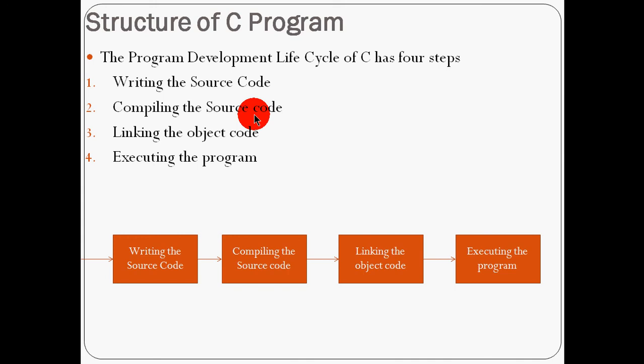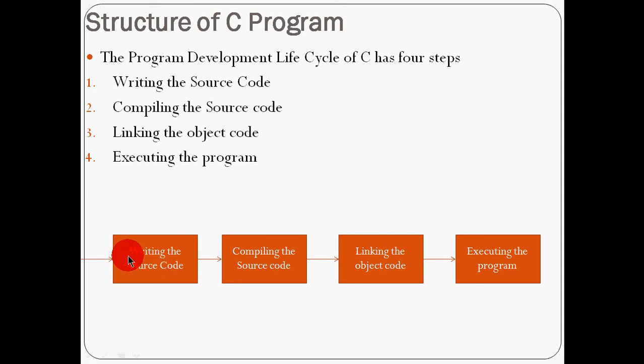Now there are various techniques used to run your program. First thing is to write your source code. In this portion we simply open an editor. We will discuss how to write our program, how to run it, and how to compile it. First, write our source code.